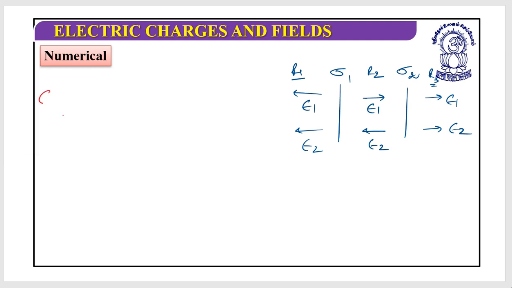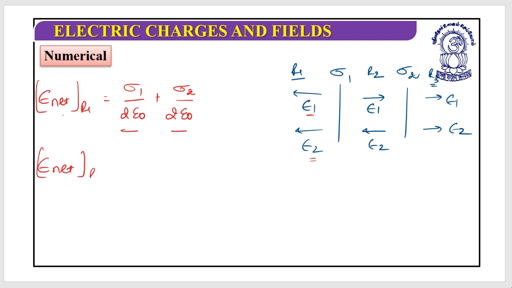Now E net in region 1, look at this. Here both the directions are equal, so you need to add them because this is a vector quantity. So this E net would be equal to sigma 1 by twice epsilon naught plus sigma 2 by twice epsilon naught. You need to just add this. Now what would be the E net in region 2? Look at this here, this is positive, this is negative. Let's assume that sigma 1 is greater than sigma 2.